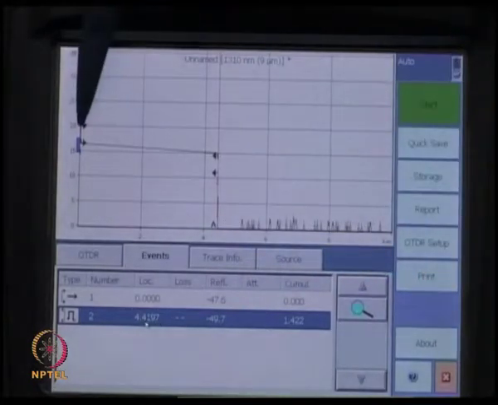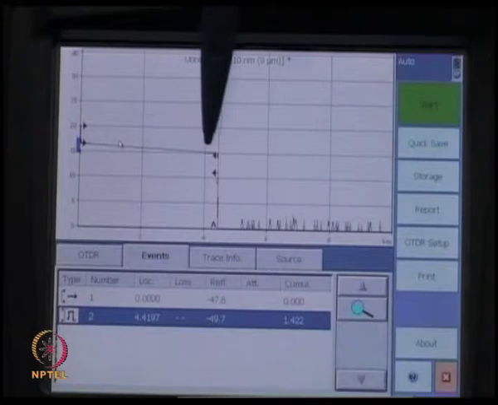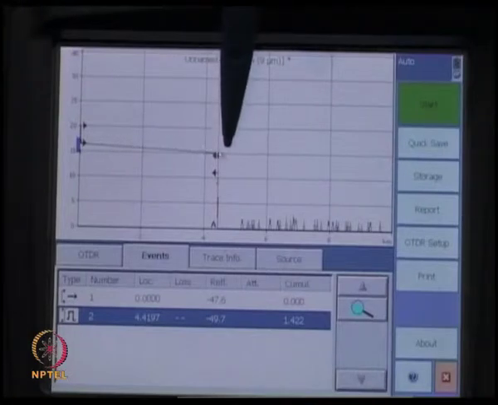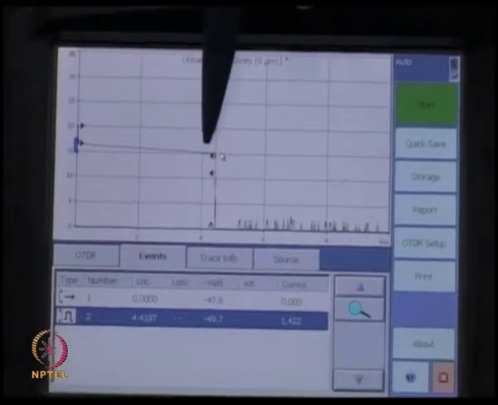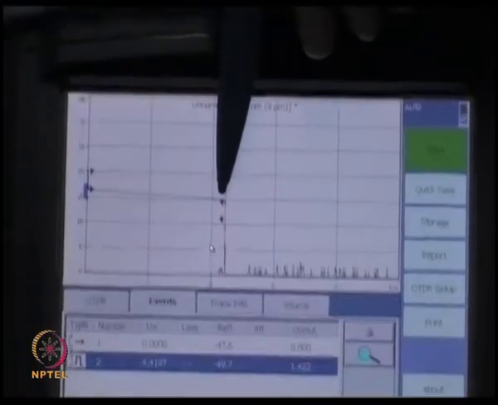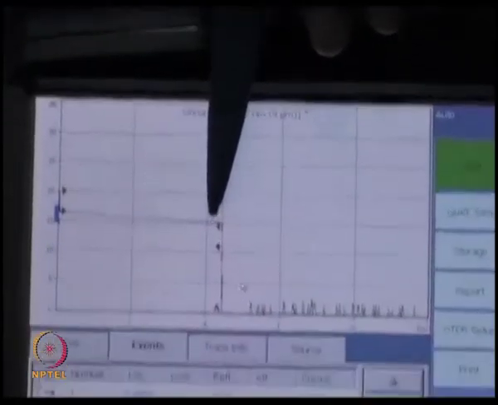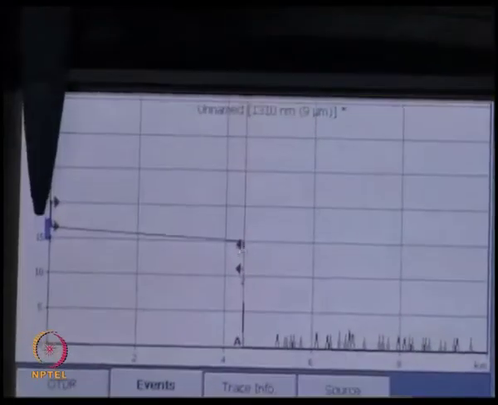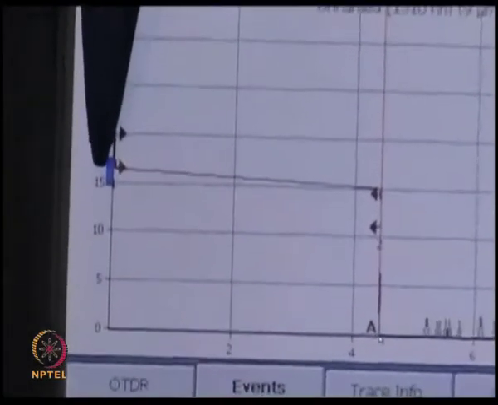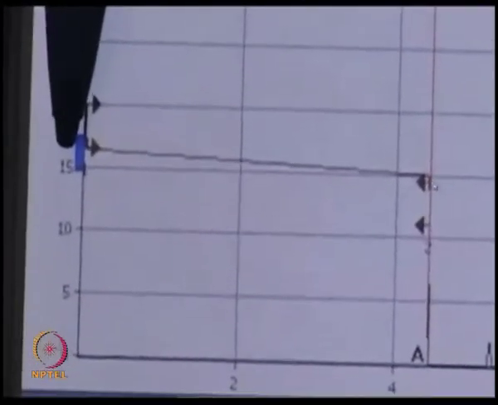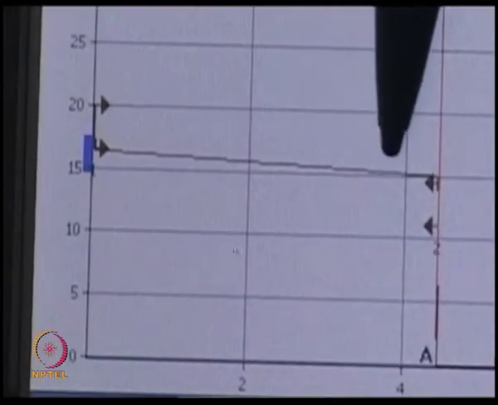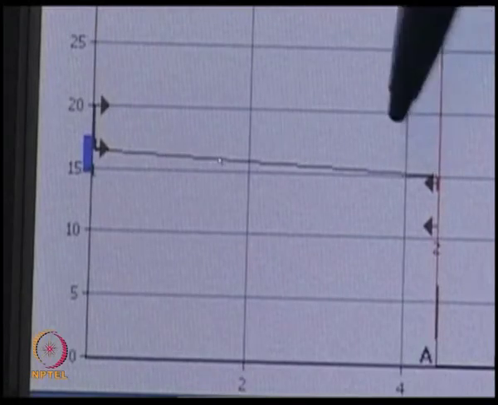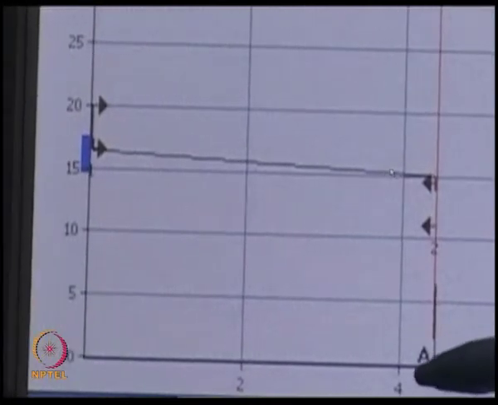You see the scattered light reduces continuously and the difference between this and this essentially tells you the loss inside the optical fiber. And at this end there is an abrupt cut off because the fiber is ended. So, beyond this there is no trace of the scattered light. So, you see the sloping line here tells you the loss on the optical fiber.